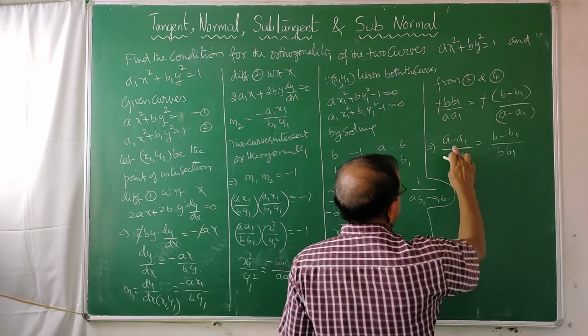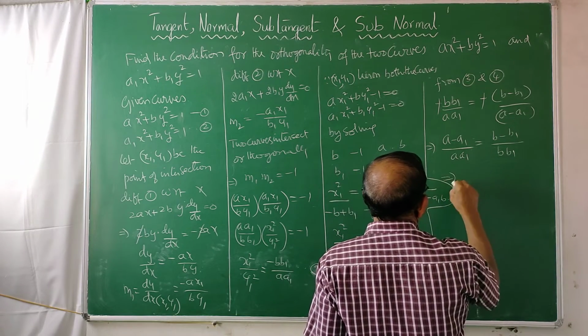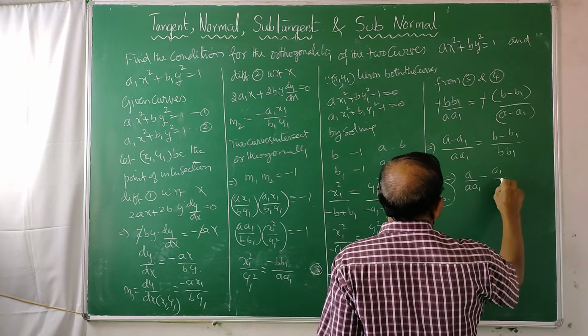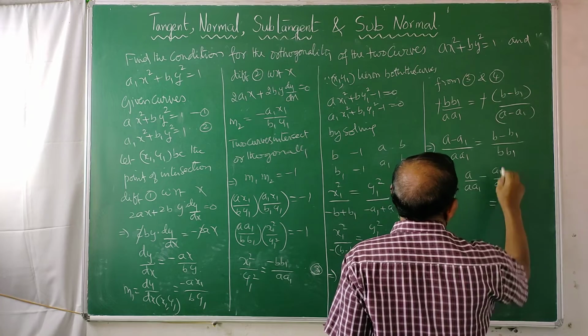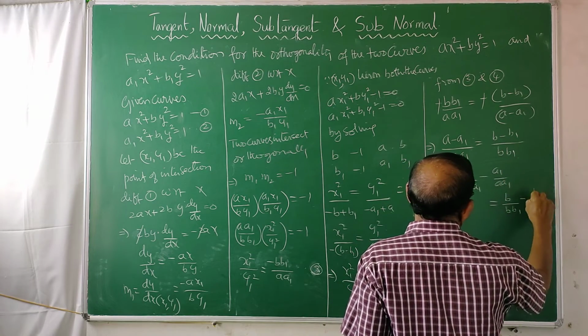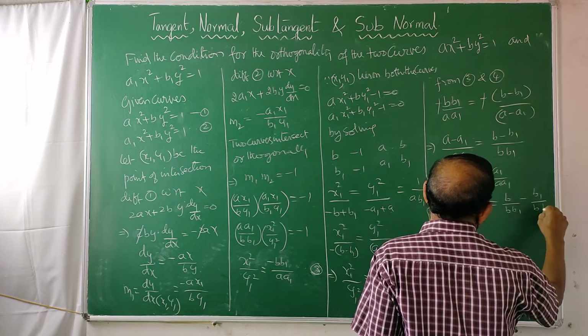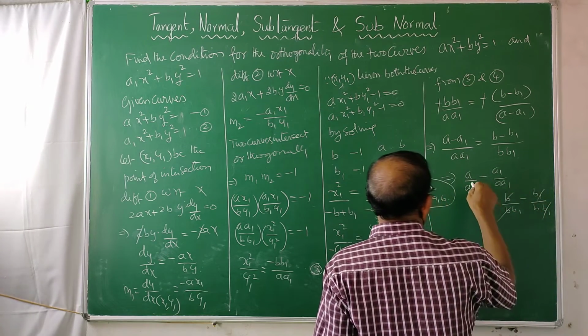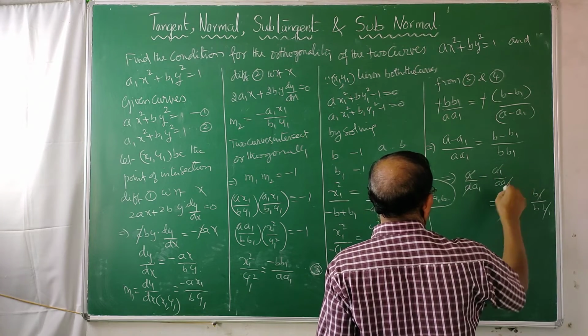Now you write aa1 separately under both the terms. A by aa1 minus a1 by aa1 is equal to b by bb1 minus b1 by bb1. Here b1 is cancelled, here b is cancelled, here a is cancelled, here a1 is cancelled.